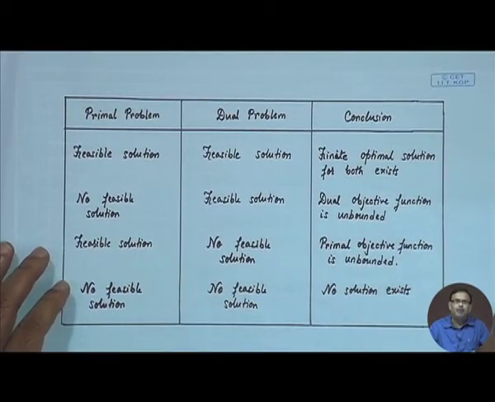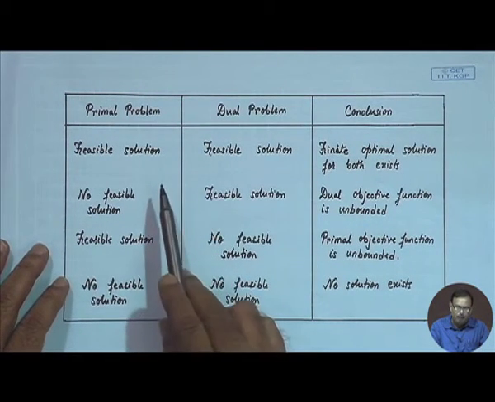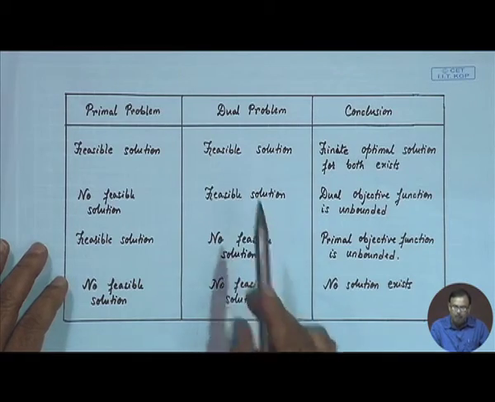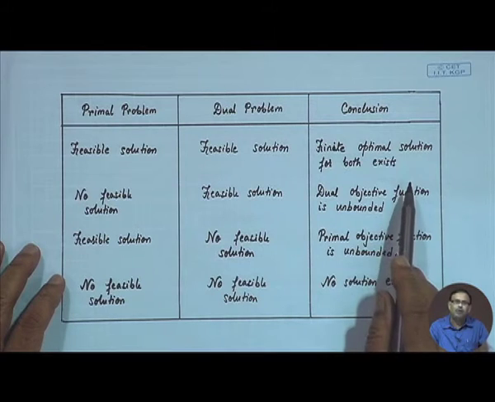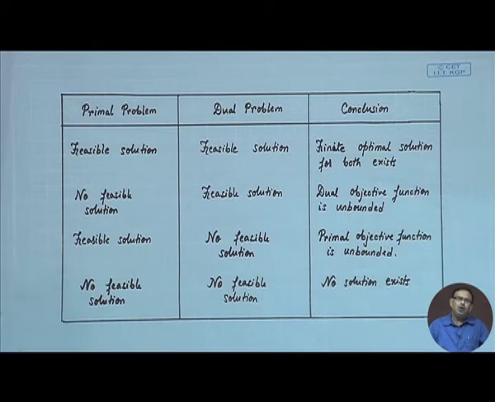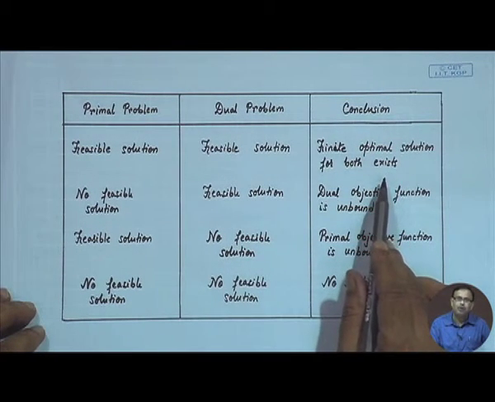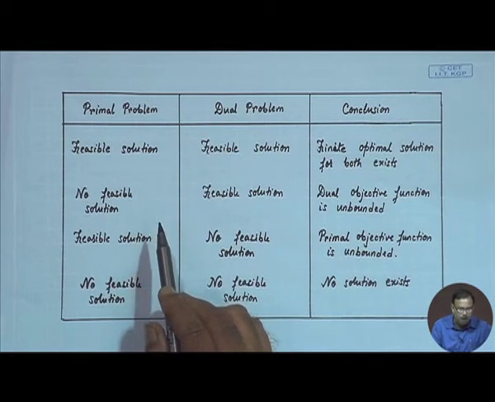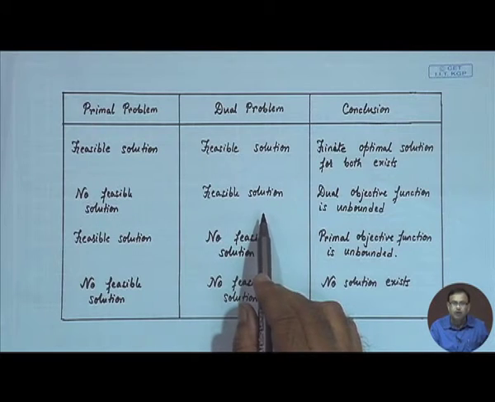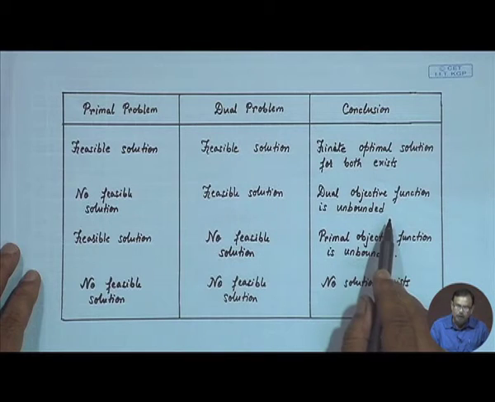I have a primal problem, I have a dual problem and some conclusions. If the primal problem has a feasible solution and the dual problem has a feasible solution, then a finite optimal solution for both will exist. If primal has no feasible solution, whereas dual has a feasible solution, in that case the dual objective function will be unbounded.